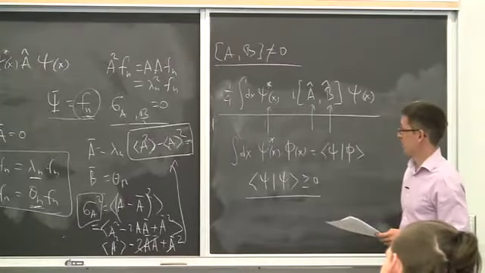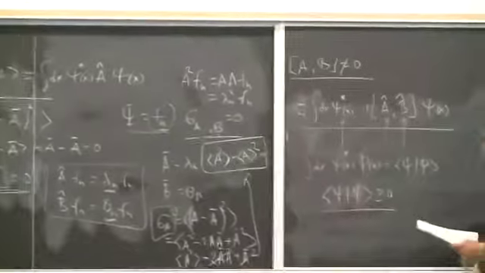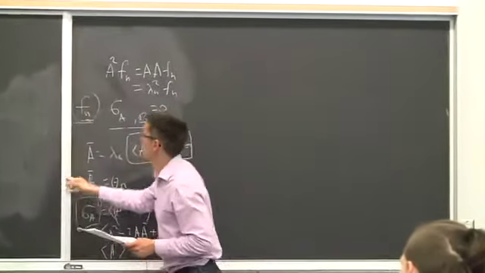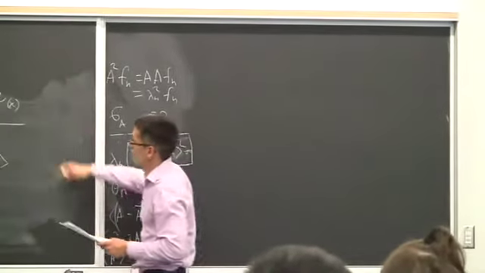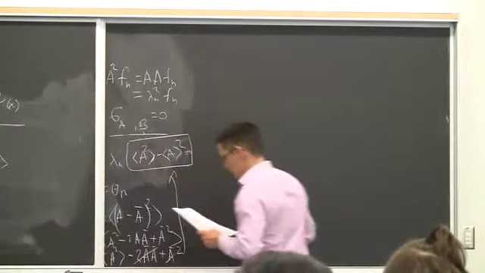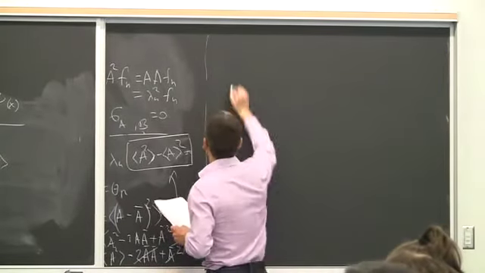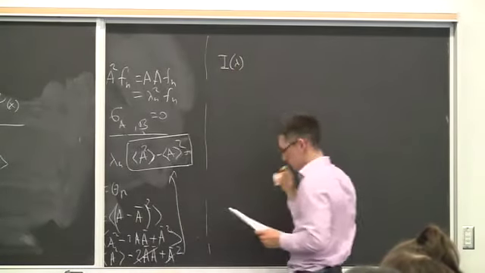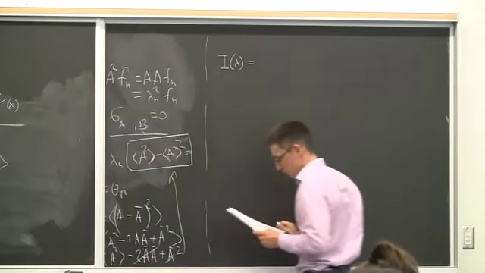We'll be using that because the way we will prove that the product of sigmas is larger than this expression is through the following functional I of lambda. We'll create the following functional that will always be positive. That's the main point here.